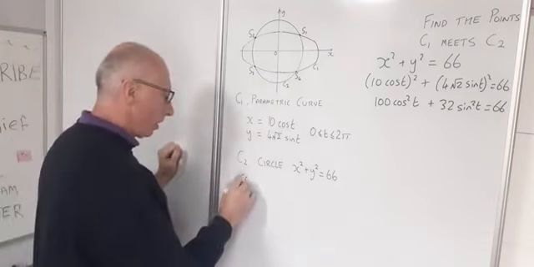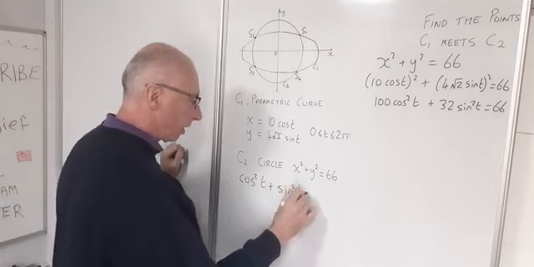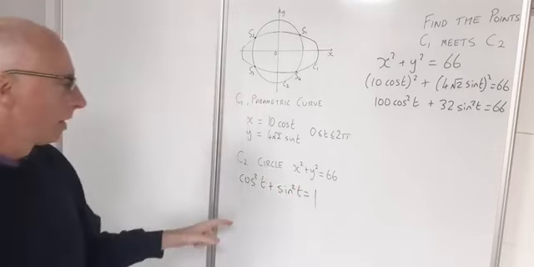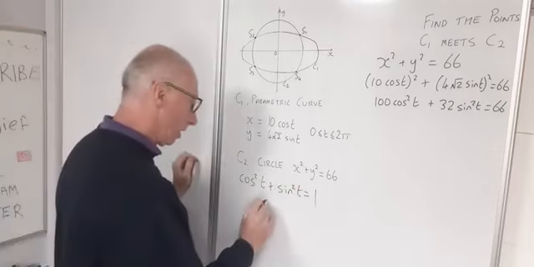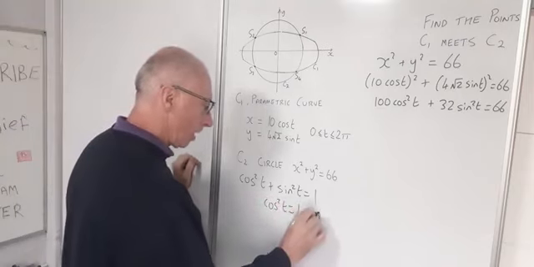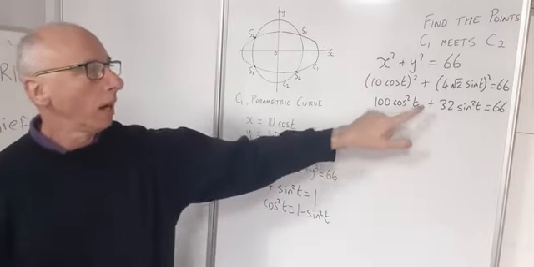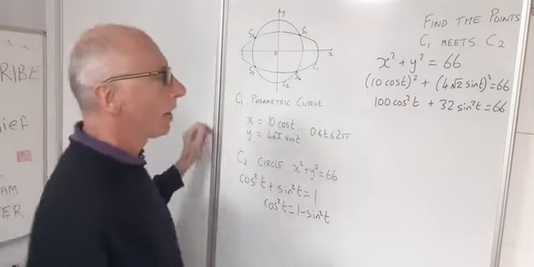So we know that cosine squared t plus sine squared t equals 1. So now I can get cosine on its own. So I'll have cosine squared t is 1 minus sine squared t. And then if I substitute that in for the cosine, I'll have both in terms of sine.